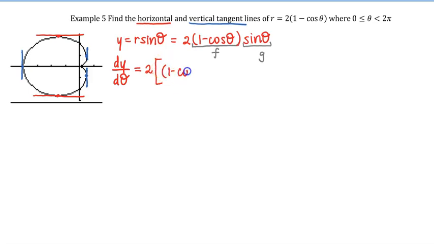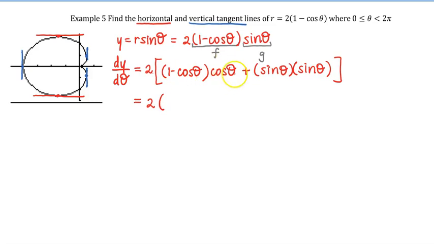So here is f multiplied by g prime, and to that I will add g multiplied by f prime. I'm going to go ahead and multiply out on the inside. And then I will apply a Pythagorean identity.